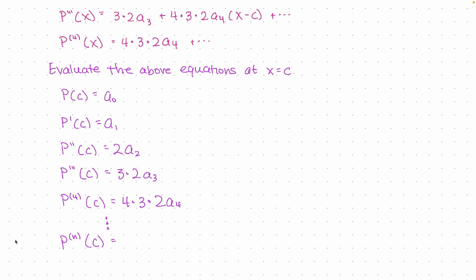It should be n times n minus 1 times n minus 2, etc., all the way down to 2, times a sub n. And actually, we can even go to 1 just for fun. n factorial a sub n.